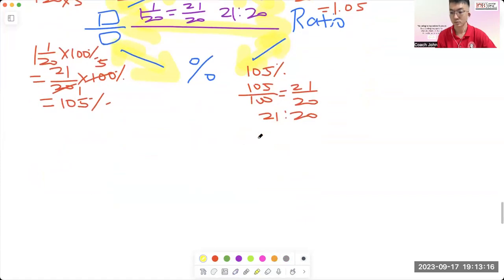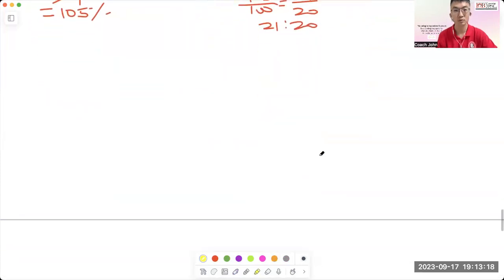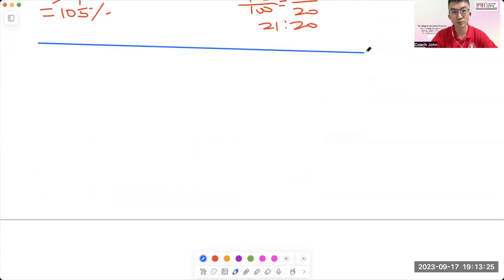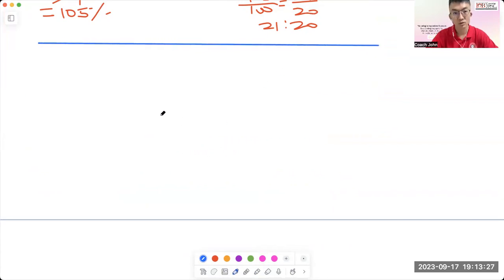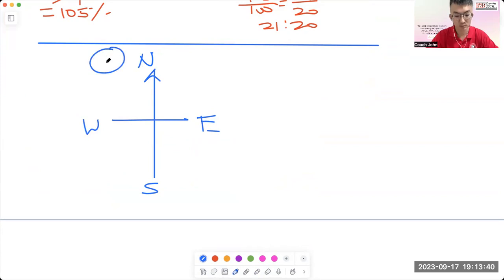Okay. Okay, moving on. The other one that is also very common will be naughty elephant spray water. So naughty elephant spray water. So naughty, maybe I just draw something like that. Okay, like a naughty face.